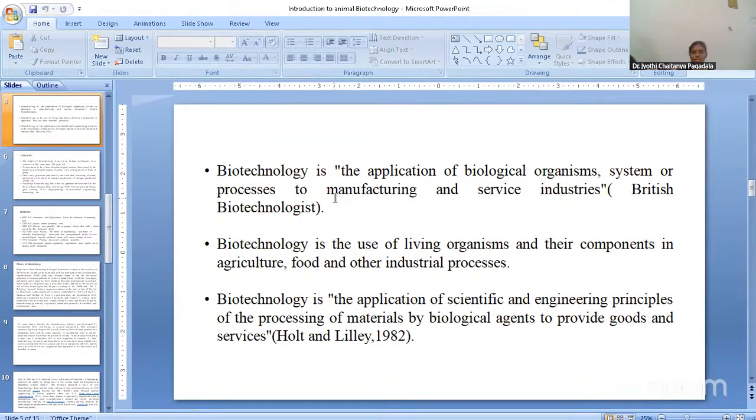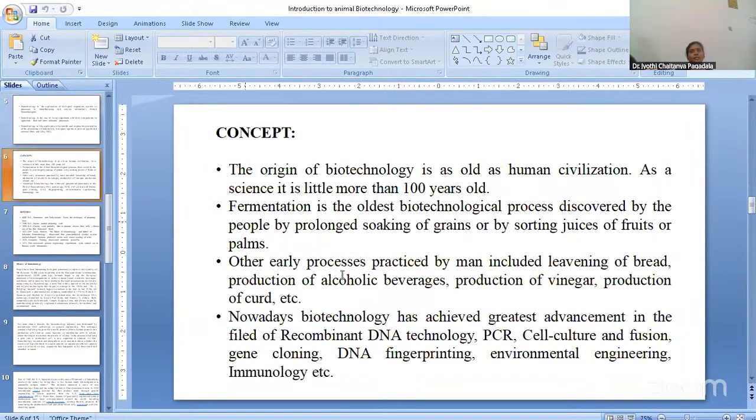Here, biotechnology is the application of scientific and engineering principles to the processing of materials by biological agents to provide services. Here the basic techniques depend upon nucleic acids, which are macromolecules made of nucleotides and nucleosides.